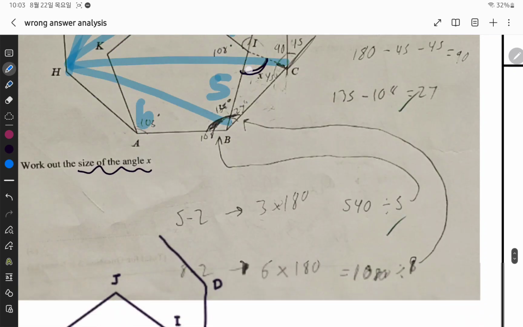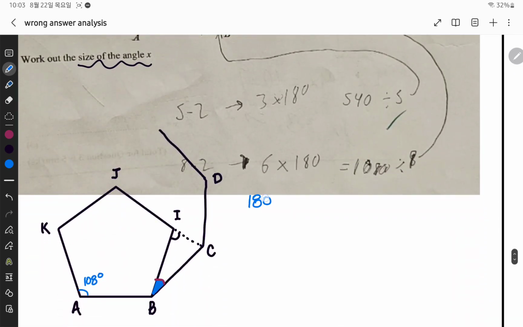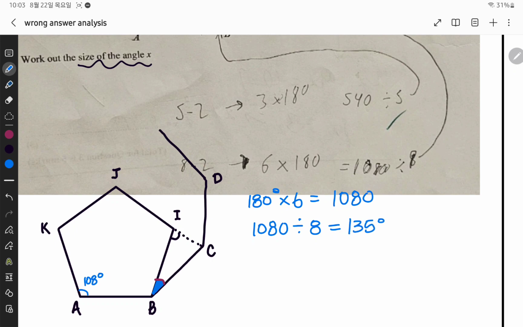So I'm going to multiply 180 times 6, which is 1080, and divide it by the number of points it has, 8, which gives 135 degrees. So I know that the inside angle of the octagon is 135 degrees.